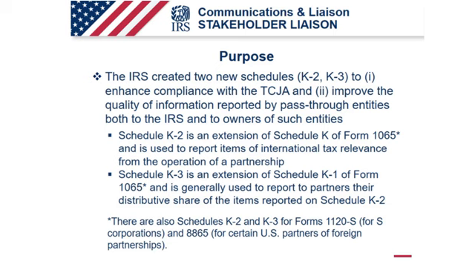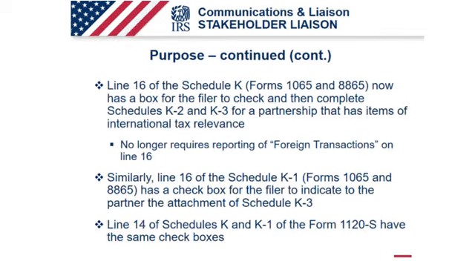For example, the new Schedule K-3 provides information necessary for individuals, partners, or S corporation shareholders to figure their foreign tax credit on Form 1116 in a more consistent format. There are also Schedules K-2 and K-3 for Form 1120-F as corporation and Form 8865 for certain U.S. partners of foreign partnerships.